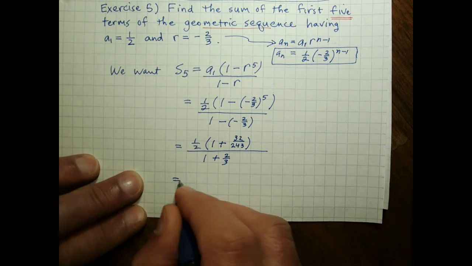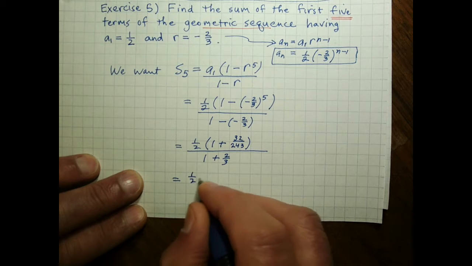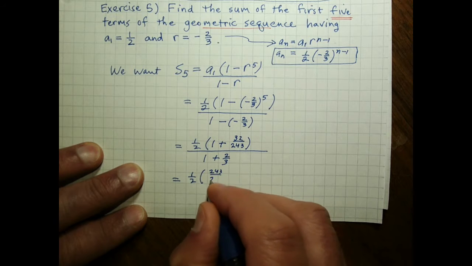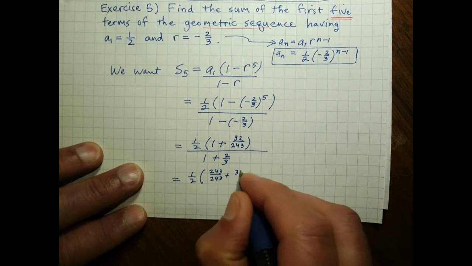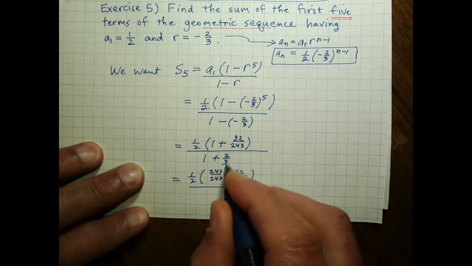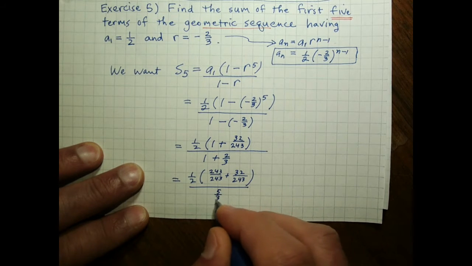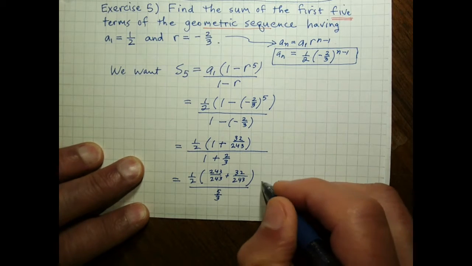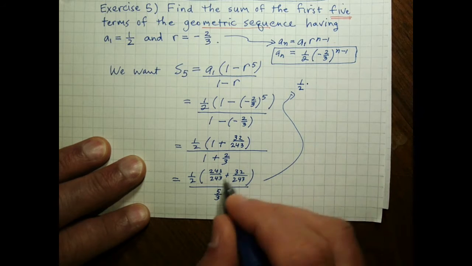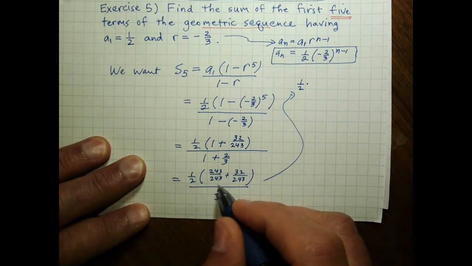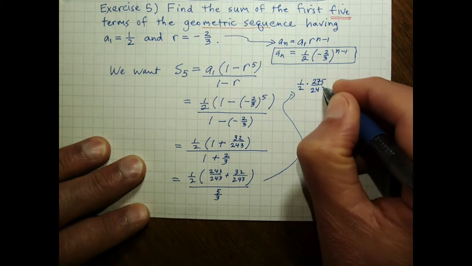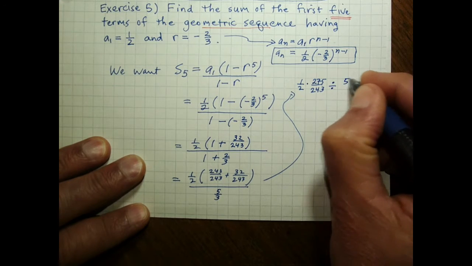And so I'm going to go through a little bit of this fraction mess with you. The 1 we want to think of as 243 over 243 plus 32 over 243, so common denominator, all over 1 plus 2/3 is 5/3. So I have 1/2 times 275 over 243 divided by 5/3.